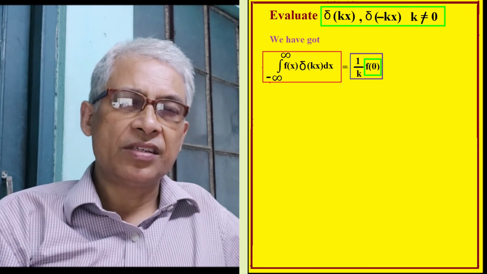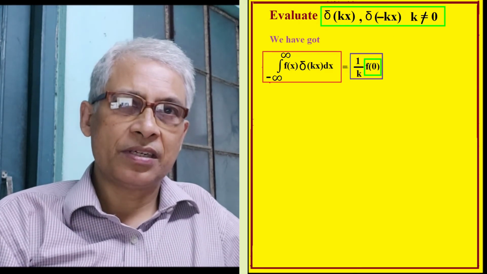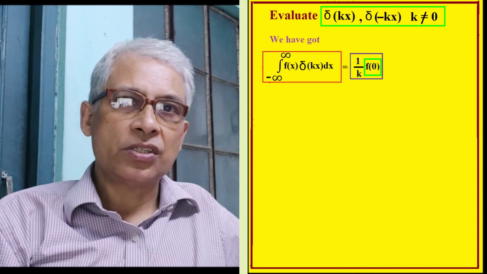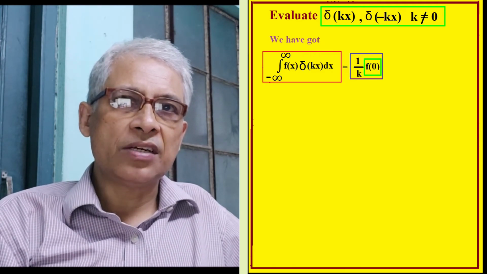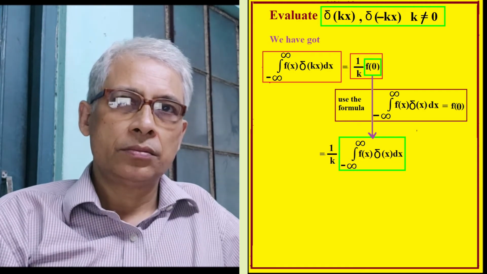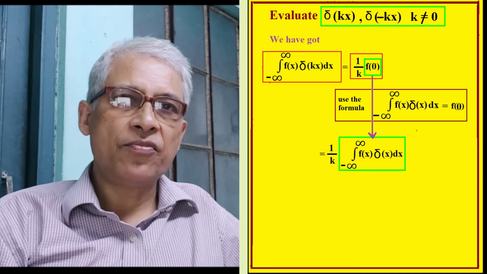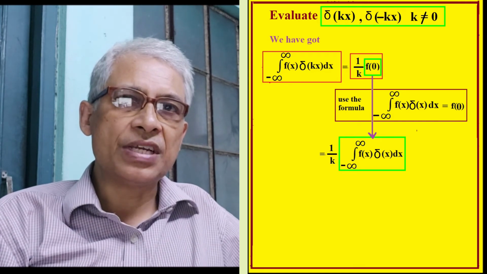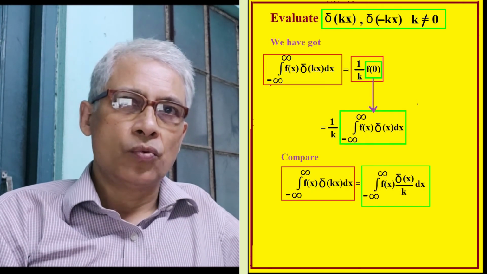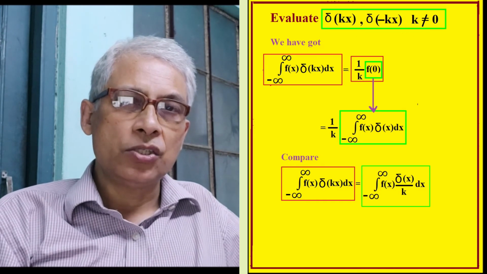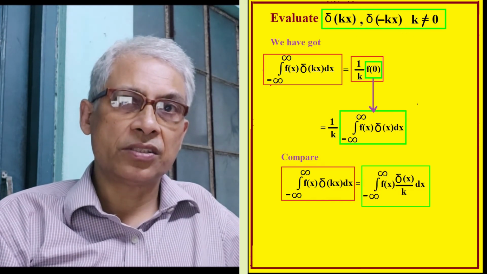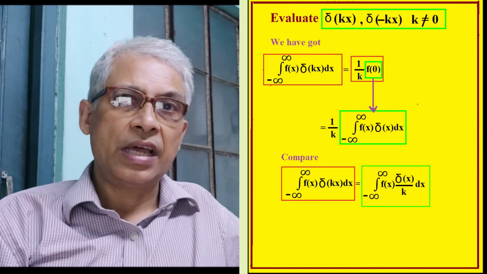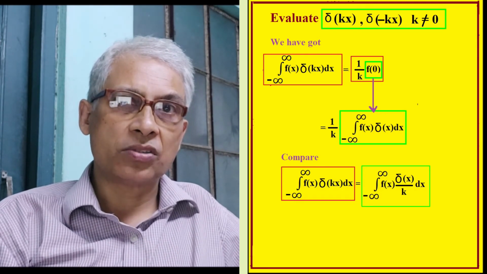Let us write the result we have got separately. Let us focus on the quantity f of 0 enclosed in the green box. We now use the same formula as indicated to get the integral in the green box. We are thus in a position to compare the two integrals, one in the red box and the other in the green box.